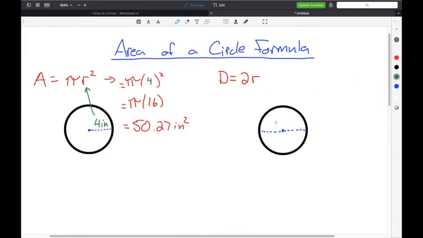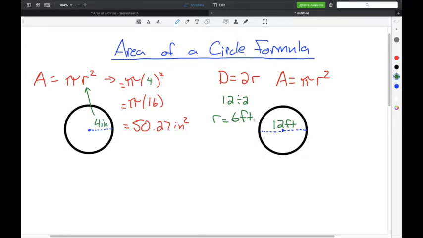So if they gave you a diameter of, let's say, 12 feet, you would take the diameter, 12 feet, and divide it by 2 in order to get the radius. So the radius would be equal to 6 feet. Once you know the radius, you can use your formula, which is area equals pi times the radius squared.